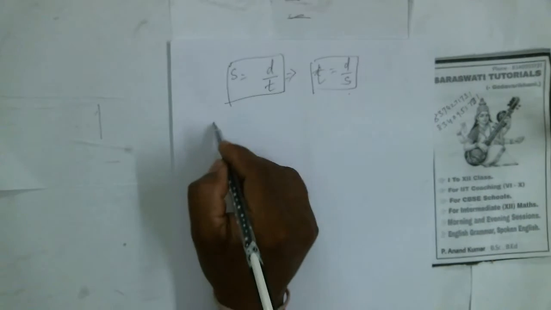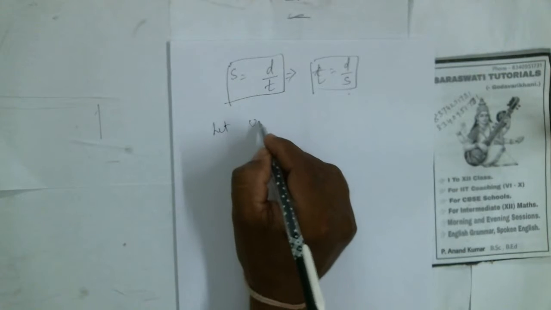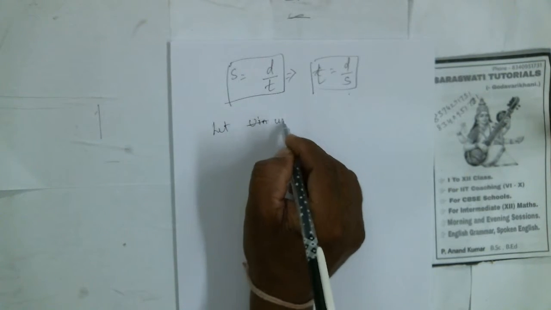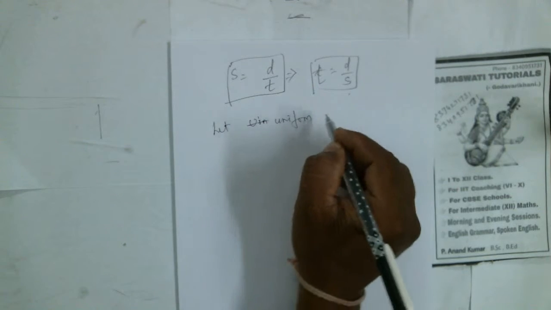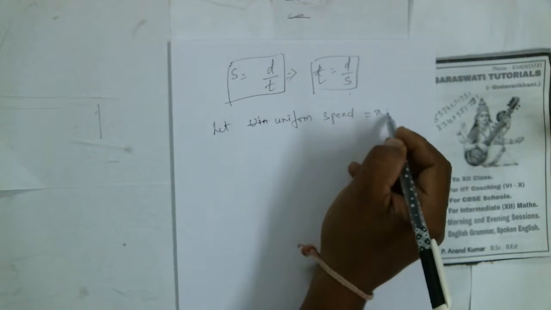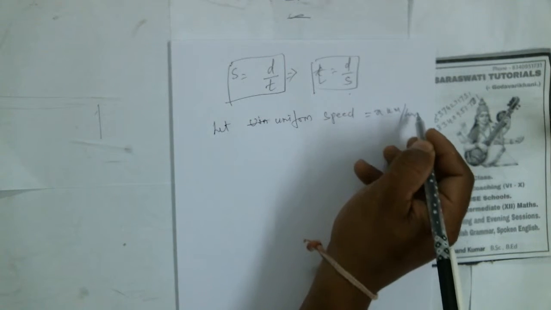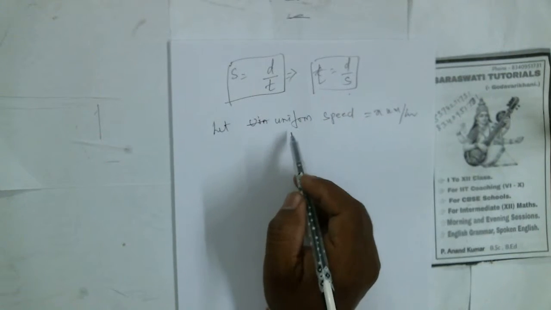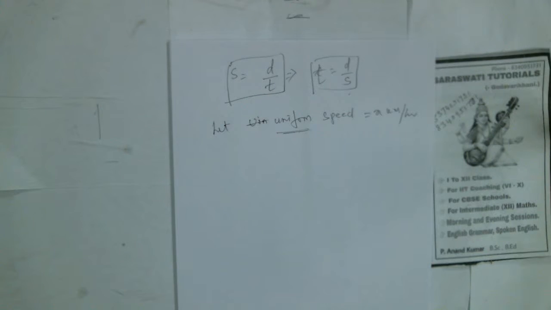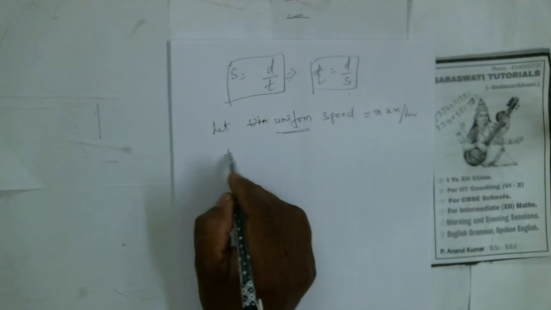So let uniform speed is equal to x kilometer per hour. Okay, he has not given any speed, so first of all take uniform speed is equal to x kilometer per hour. Okay, next time taken.